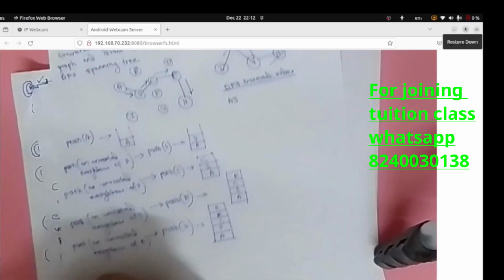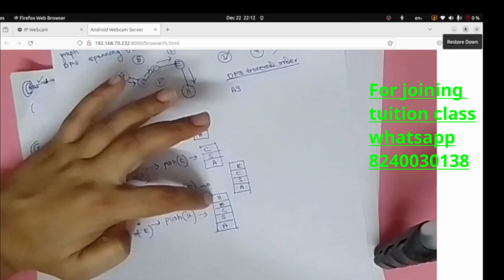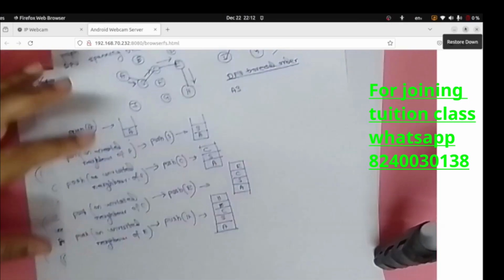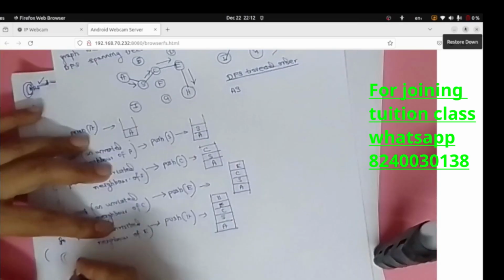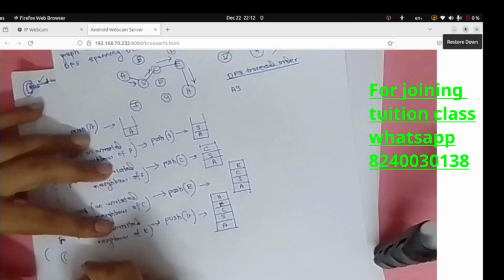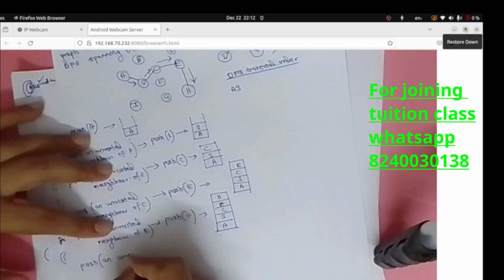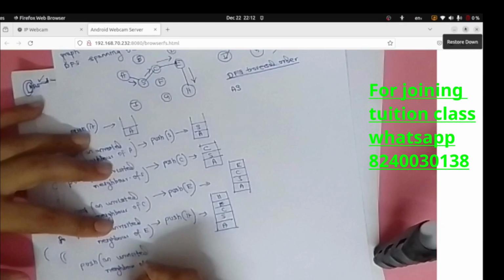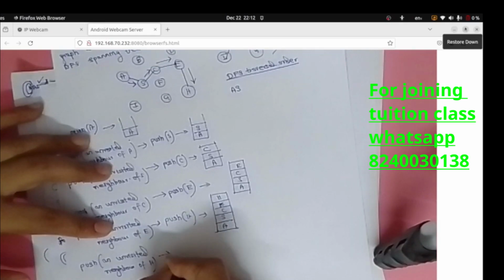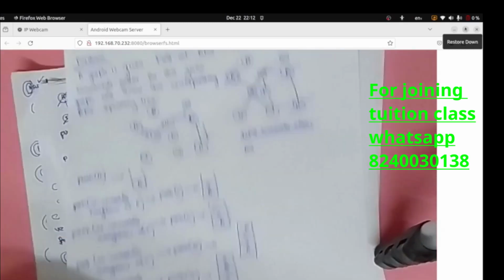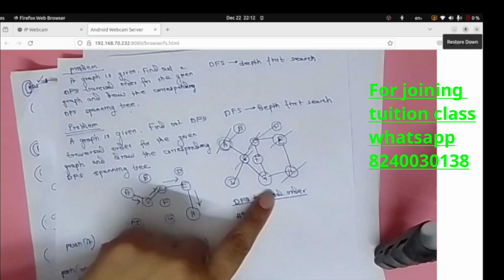So now the topmost element of the stack is H. So we will do a push operation. So what will be that operation? Push an unvisited member of H. So if there is any unvisited member of H, we see the graph.